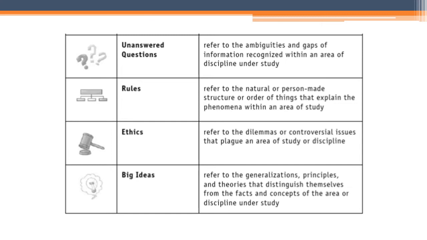It refers to the ambiguities and gaps of information recognized within an area of discipline under study. So for the unit on gifted learners, what we sampled earlier, a question might be like this: why do some gifted learners become underachievers and some do not? What's the difference?